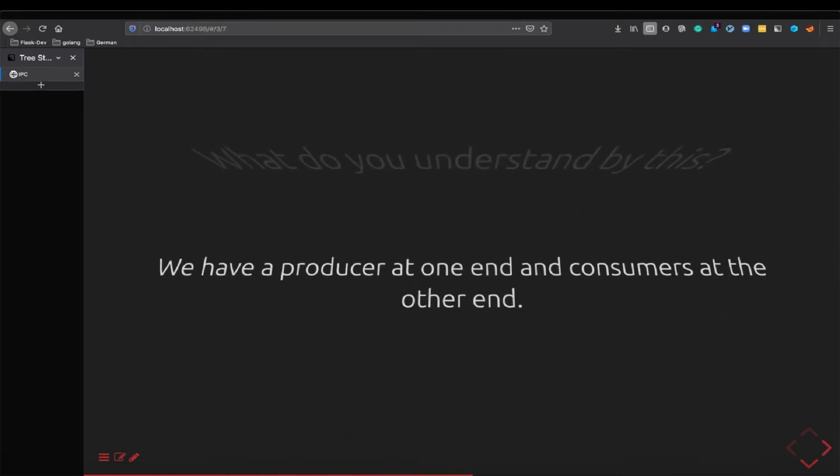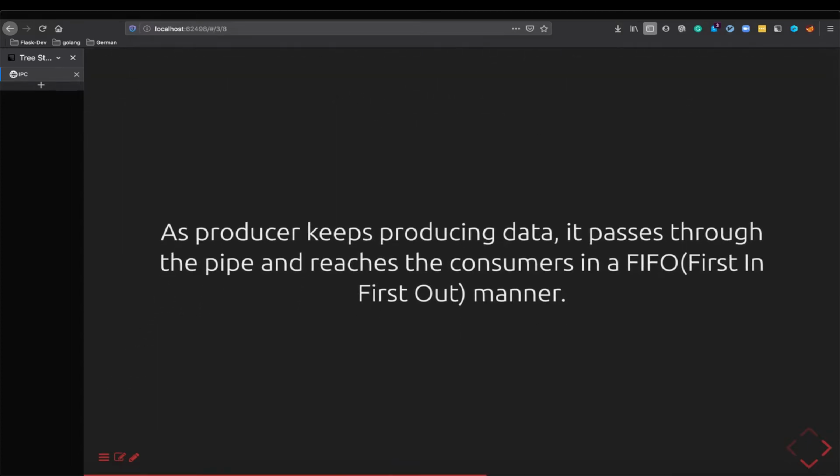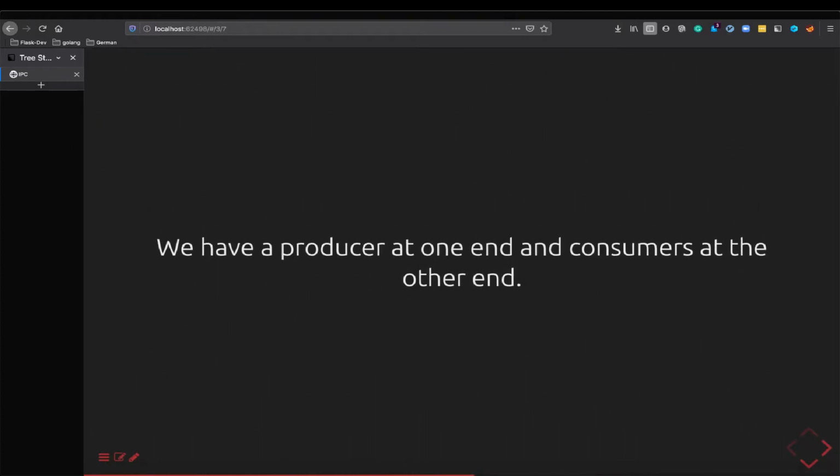Okay, and what we understand is we again have a producer and consumer here in this example as well. So throughout IPC, whenever we talk about a producer, it is some process which wants to write, and a consumer is something that is going to receive the data which the producer sends. Okay, and the producer is on one end and the consumer is at the other end of the pipe.